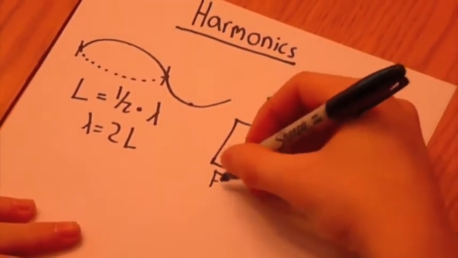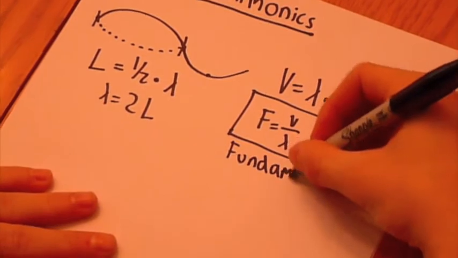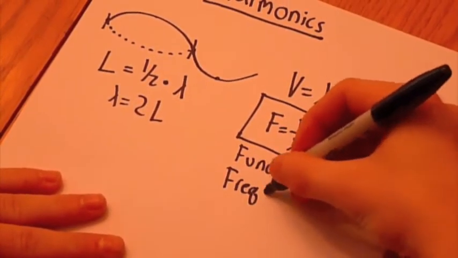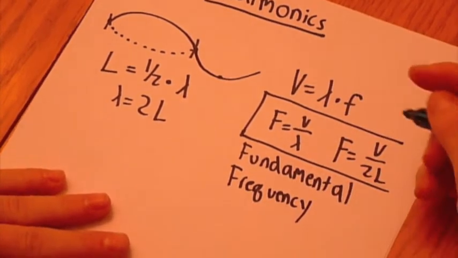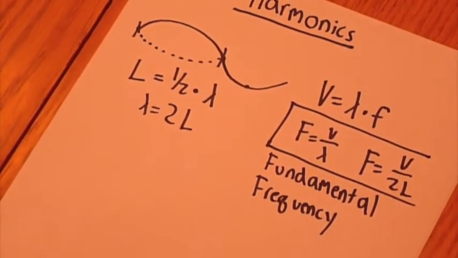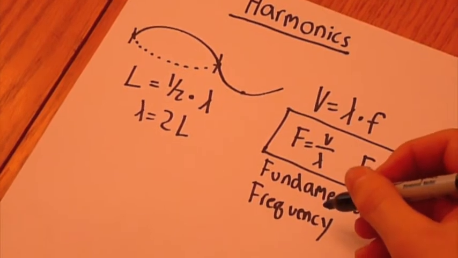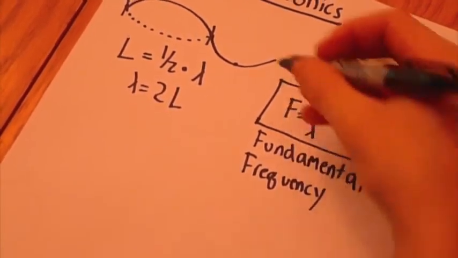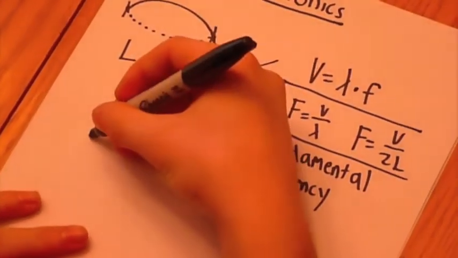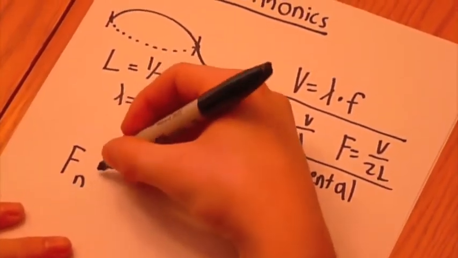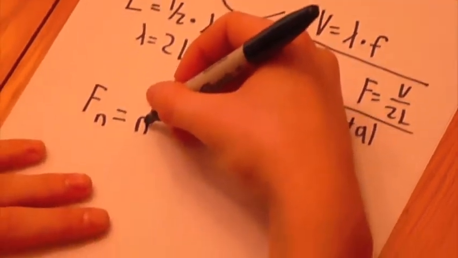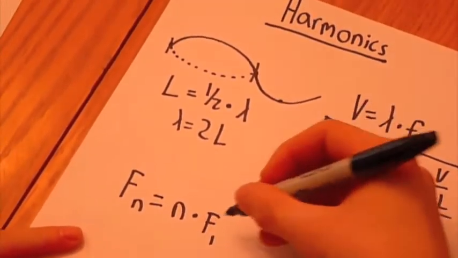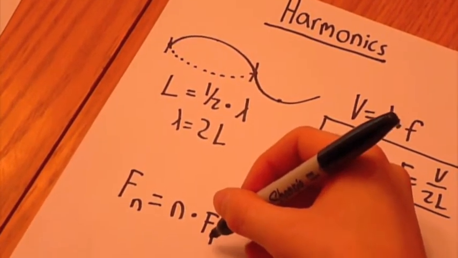This is called the fundamental frequency. The fundamental frequency is the lowest frequency at which a specific standing wave can be created. The harmonic series is the fundamental frequency multiplied by the number of waves created in a medium. So the frequency of n waves equals n, the integer, the number of waves in the medium, times the fundamental frequency, represented by f sub 1.